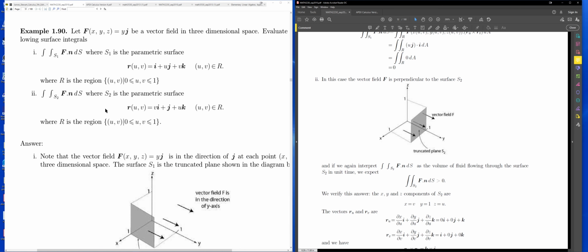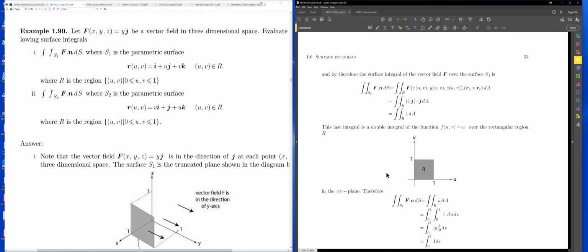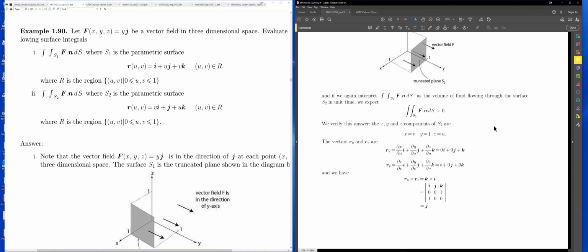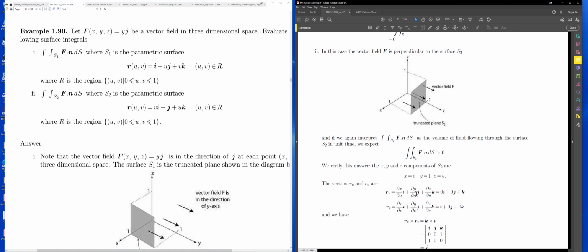So we want to work out this surface integral for the S2, where the vector field is yj and the S2 is specified parametrically here. So you'd need the r_u and the r_v. Remember, you're going to be using this formula here to work out my surface integral, and part of the formula is calculating the r_u cross r_v.